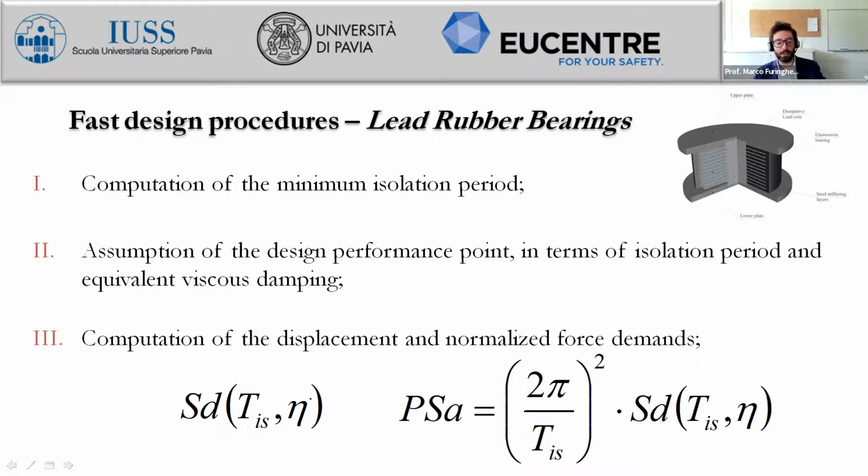So together with the displacement demand and the normalized force demand, you should also compute the equivalent stiffness of the isolation system, like m dot times 2 pi over the design value of period, squared. So the third step is always the computation of the global characteristics of the isolation system.